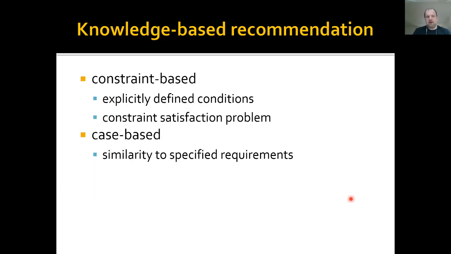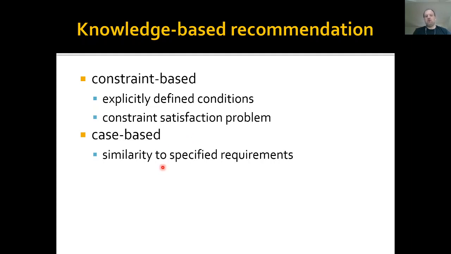In knowledge-based recommendation, we either rely on constraints that are exactly defined conditions to satisfy the recommendation problem. So this is basically formulated as a constraint satisfaction problem. Or we cannot formulate these conditions, so we resort to case-based recommendation.